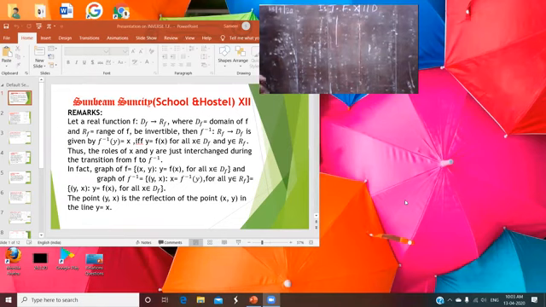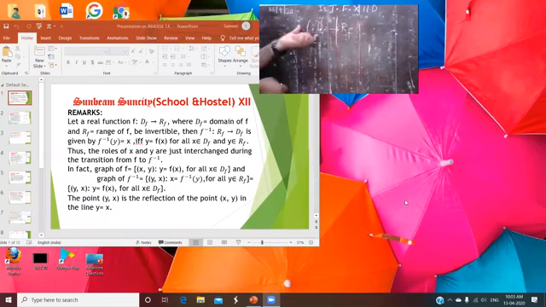Suppose you have a real function f from the domain of f to the range of f, where Df is the domain and Rf is the range, and this Rf is also the codomain. Here the function is already onto.